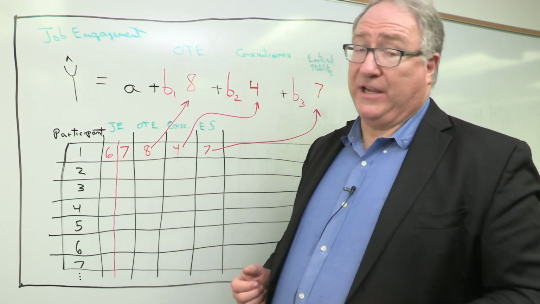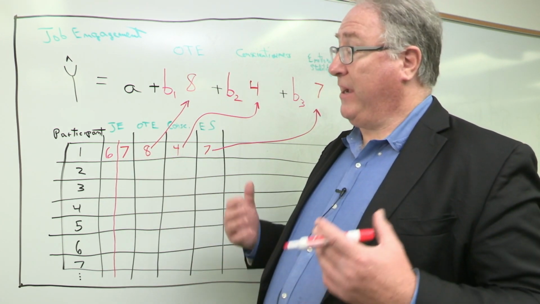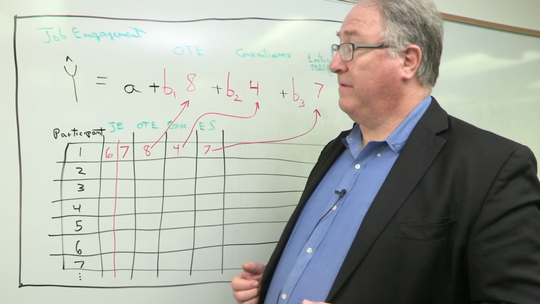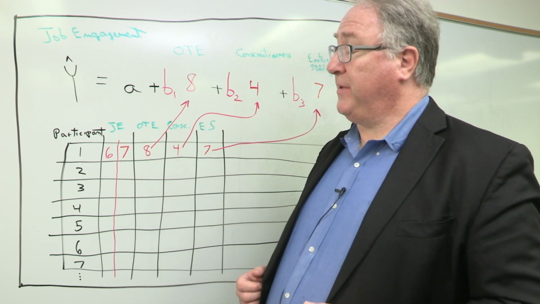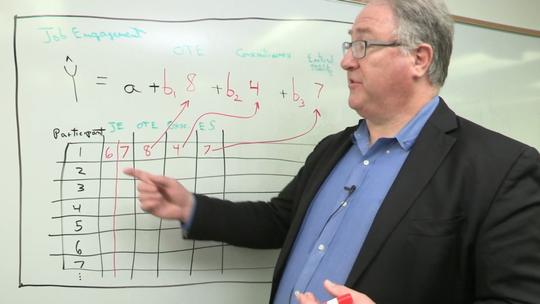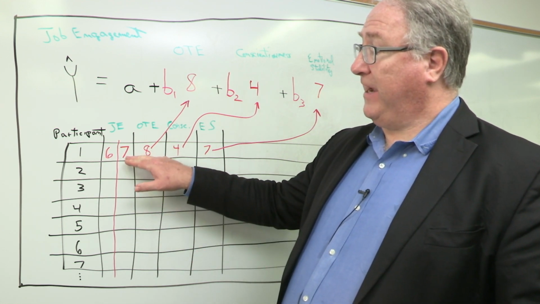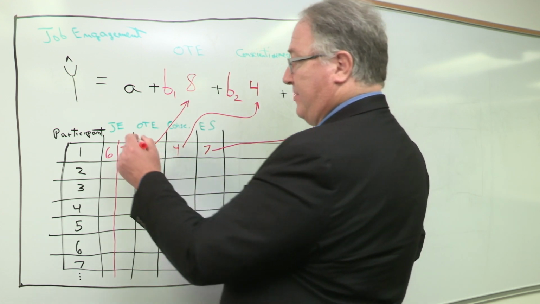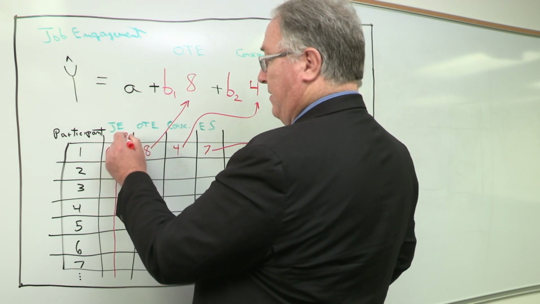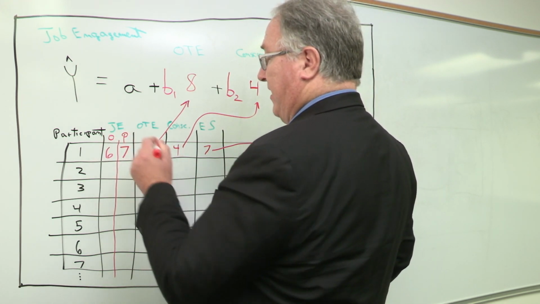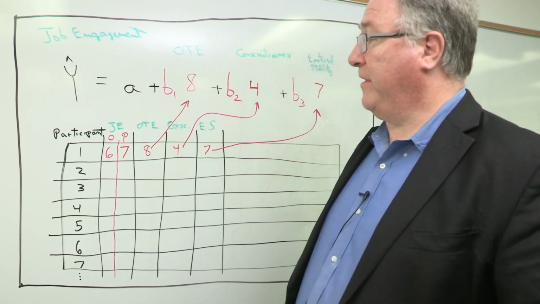So there are the two values that you have in the outcome variable measure, in this case job engagement, for each of your participants, in this case participant 1. And you'll notice the predicted value, so this is the predicted value, and this is the observed value on the outcome variable measure.